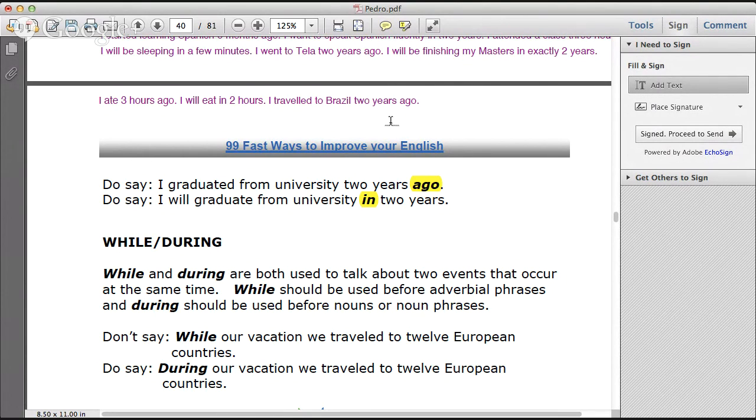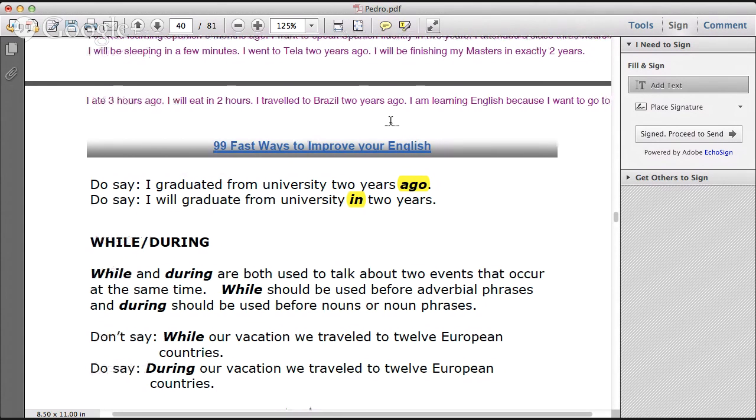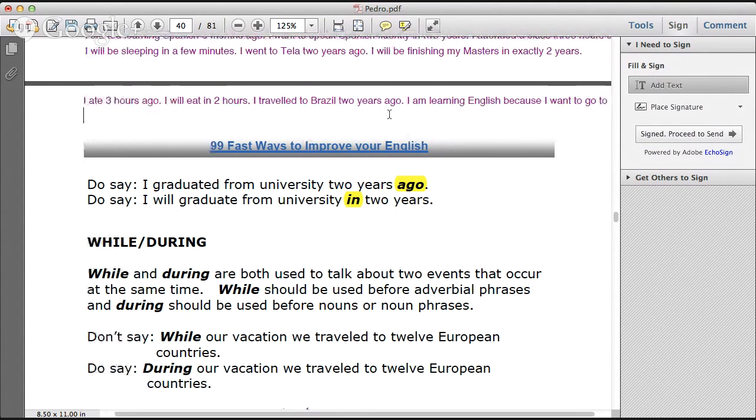I am learning English because I want to go to the U.S. in 6 months. Okay. Very cool. Good goal. Excellent. Nice job. I like that.